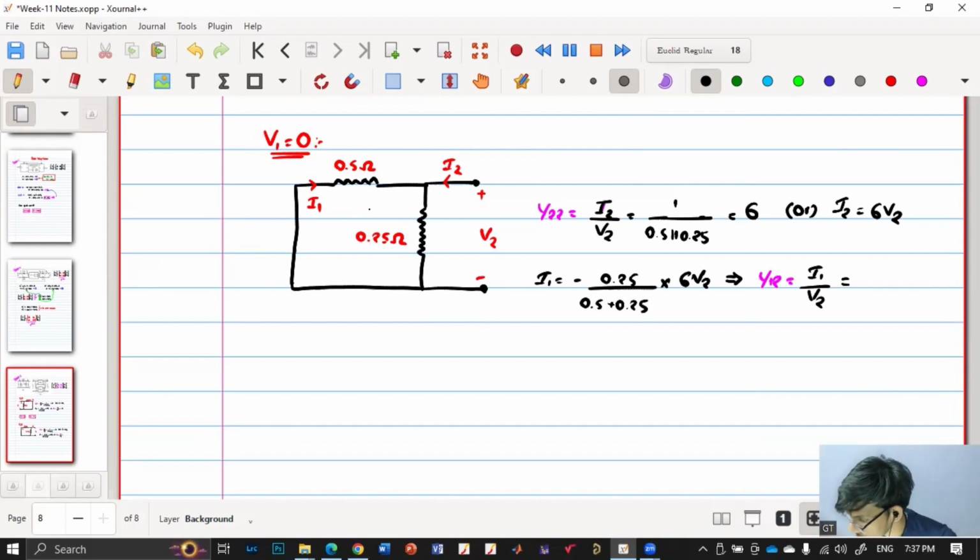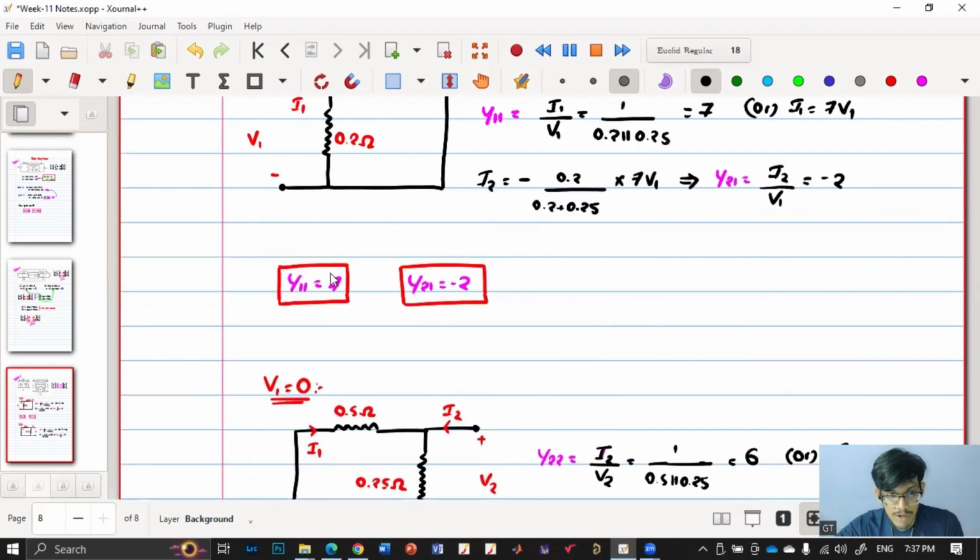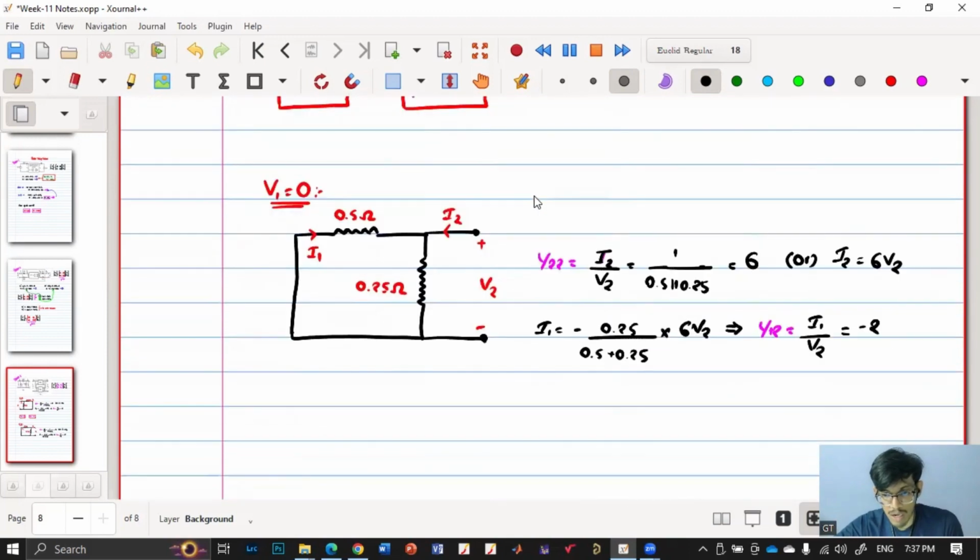Minus 2. So here we got Y11, Y21, and here I got Y22 and Y12. So Y22 equals 6 and Y12 equals minus 2.